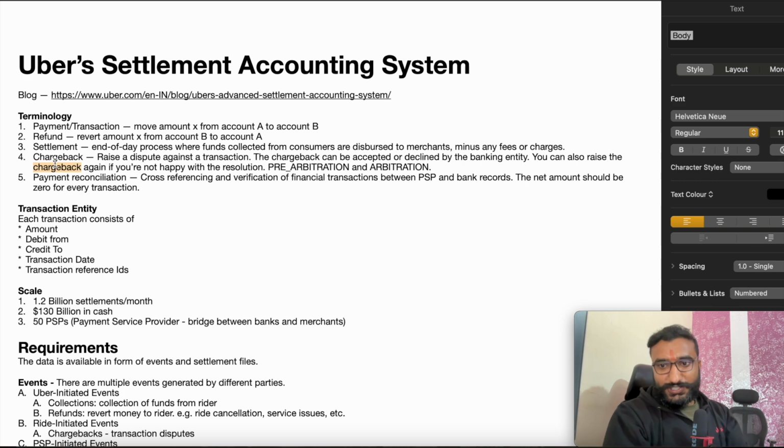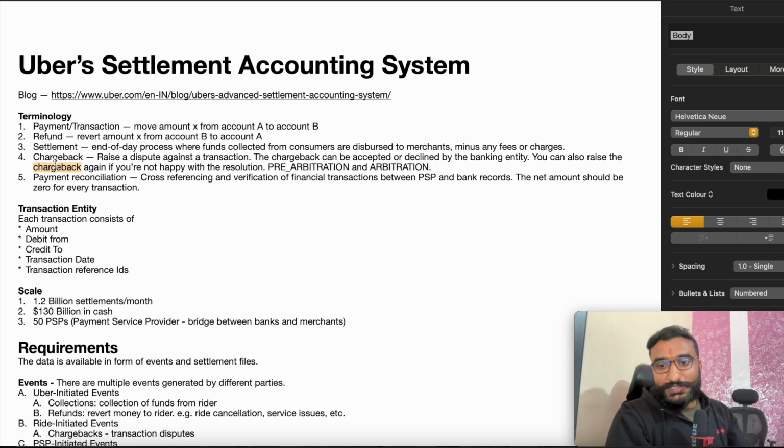Let's say a transaction is carried out on your credit card, and you are not happy with the service you availed, or the amount was debited from your credit card but you didn't receive that product or service. Let's say you use an ICICI credit card to buy something from Amazon, but you didn't receive the product, and the amount is already debited from your credit card.